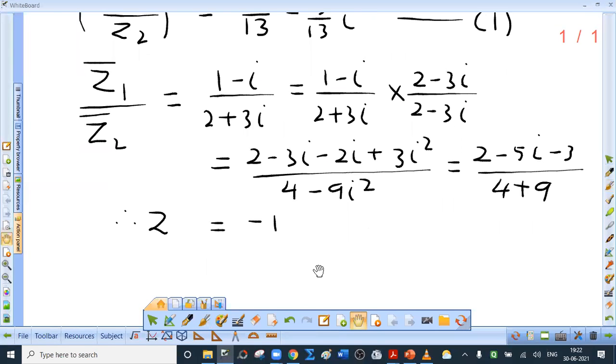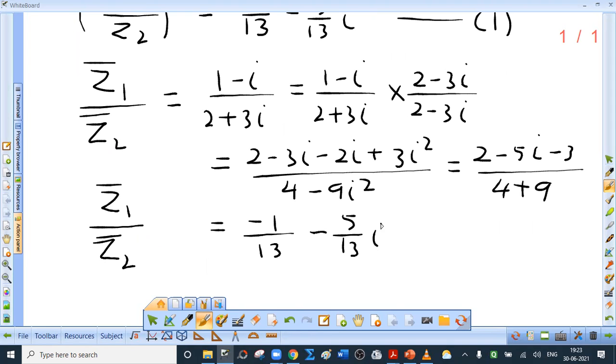I'll write this part once again. So Z1 bar upon Z2 bar is minus 1 upon, because 2 minus 3 is minus 1, right? So minus 1 upon 13 minus 5 upon 13i. This is number 2.